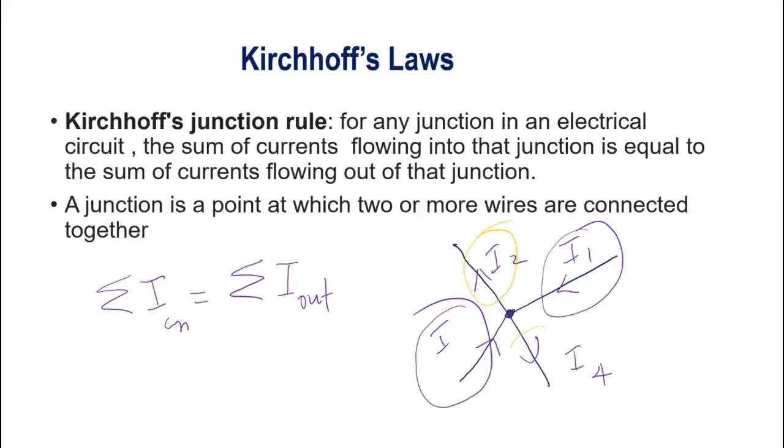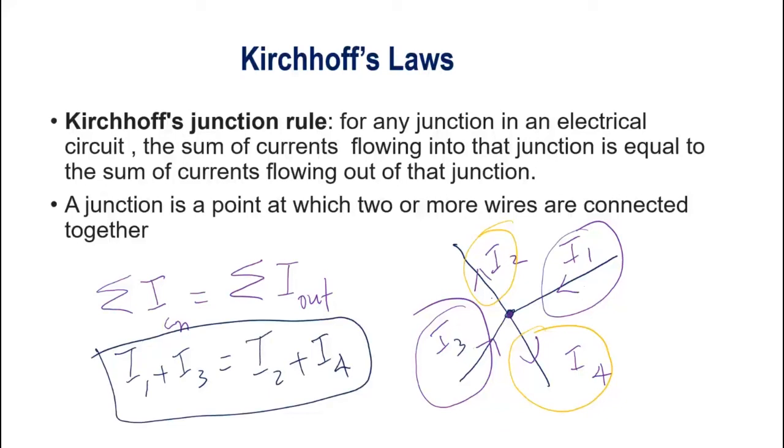This one and this one are going out. So what do we do? We sum. Let's give the names. This one is I3. We said this one and this one are going in, so we call them I1 plus I3. These ones, I2 and I4, are going out, so it will be I2 plus I4.